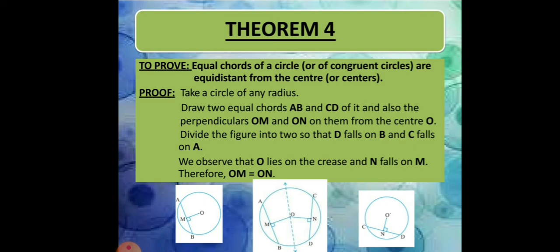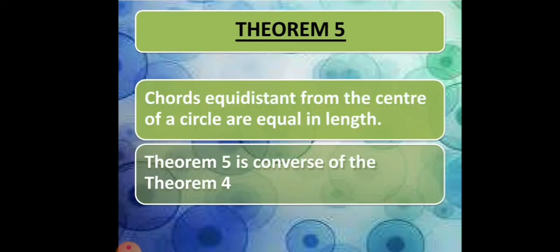Divide the figure into two so that D falls on B and C falls on A. We observe that O lies on the crease and N falls on M. Therefore, OM is equal to ON. Chords equidistant from the center of the circle are equal in length. Theorem 5 is the converse of theorem 4.